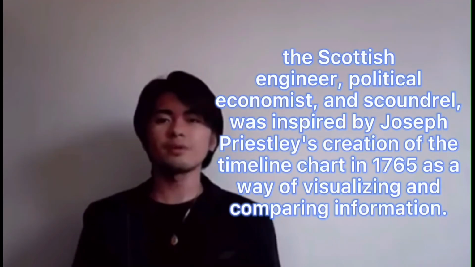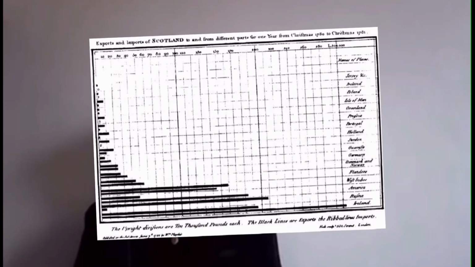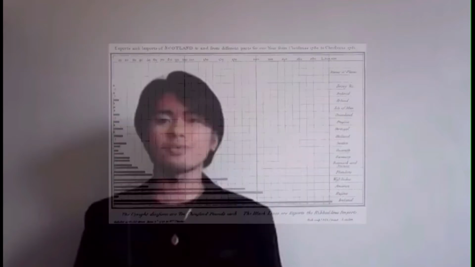William Playfair, the Scottish engineer, political economist, and scoundrel, was inspired by Joseph Priestley's creation of the timeline chart in 1765 as a way of visualizing and comparing information. William Playfair invented the bar chart in his work on the exports and imports of Scotland.